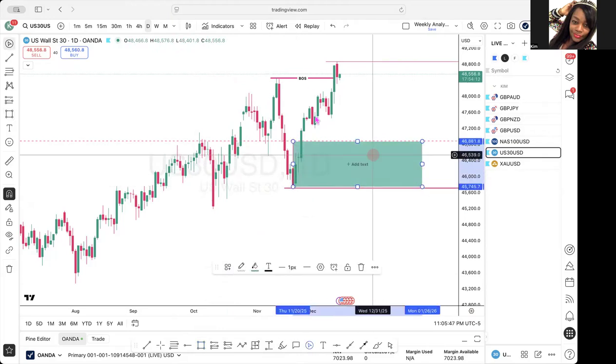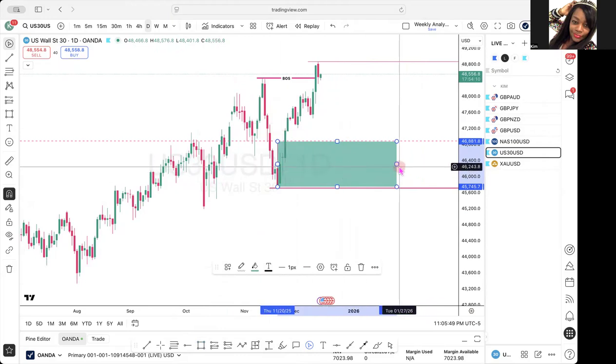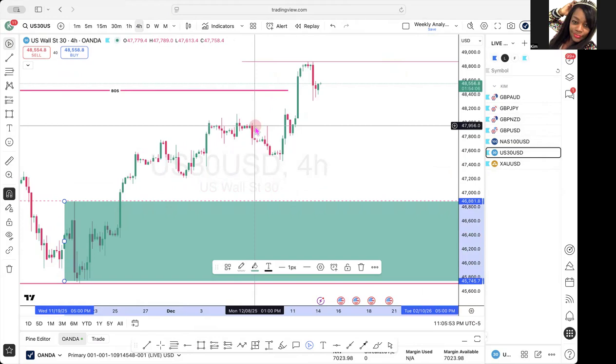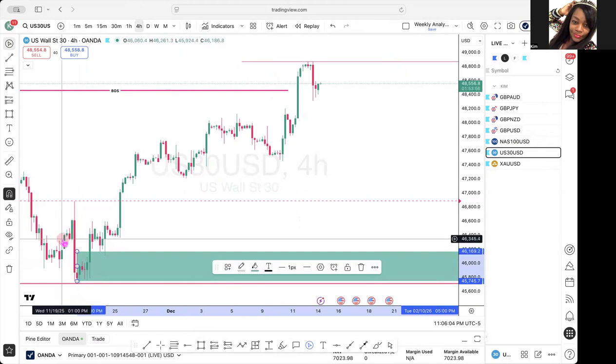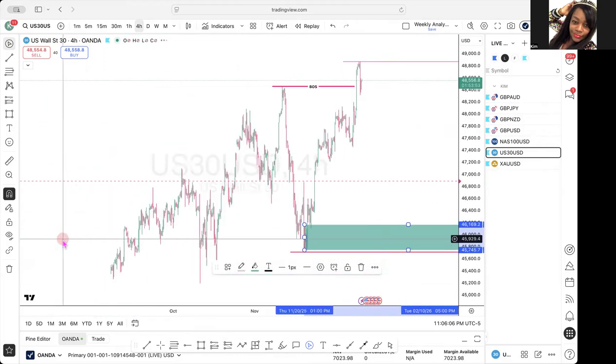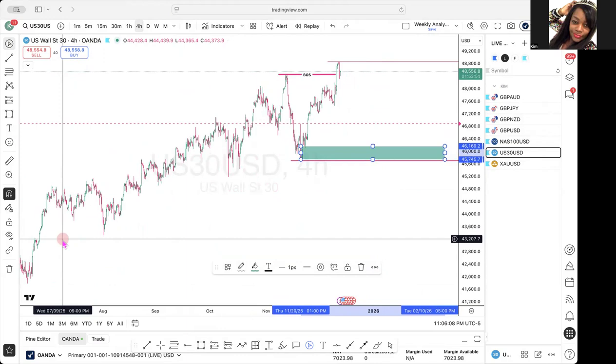Where I have our daily demand zone. So if I want to narrow that down, it looks like all of this has been mitigated, maybe to this one. I would mark up that 4 hour.